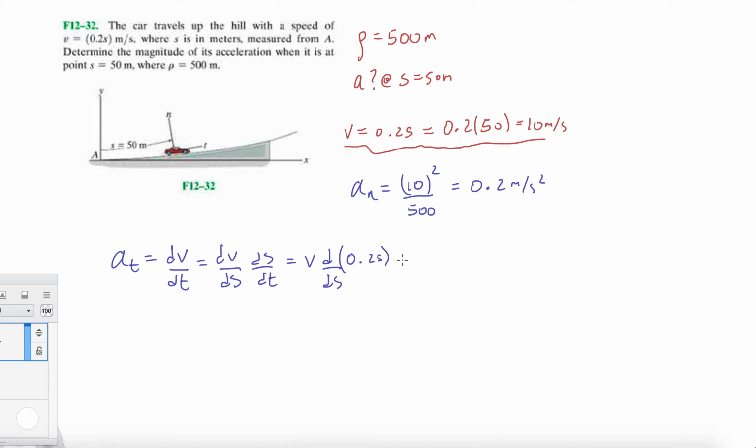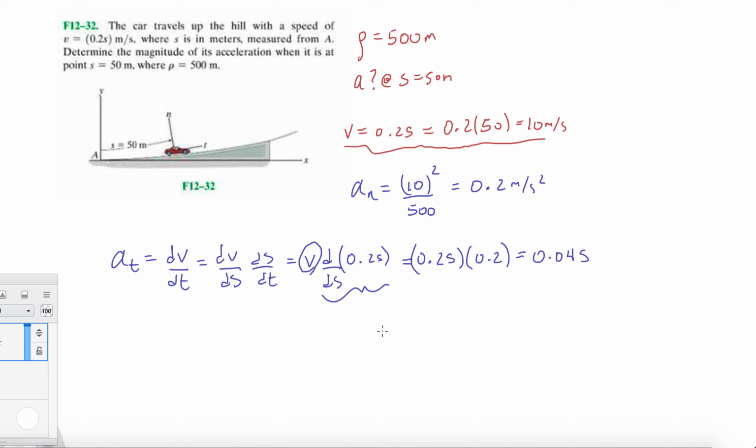And dv/ds, the first derivative of 0.2 s, is 0.2. This will give us 0.04 s.